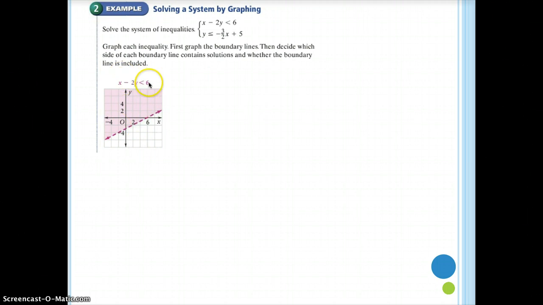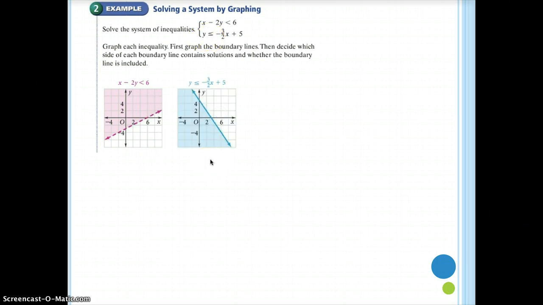They left it in standard form, but if you were to solve for y, you would see that y is greater than the rest of the inequality, so we'll shade above. And then again, because we have a greater than sign, not a greater than or equal to, we're going to choose a dashed line. Similarly, on the second line, we choose solid line, and since y is less than, we will shade below.